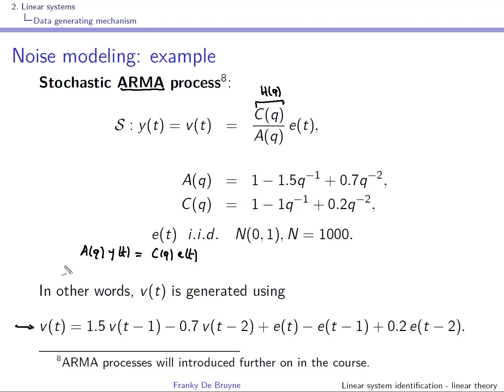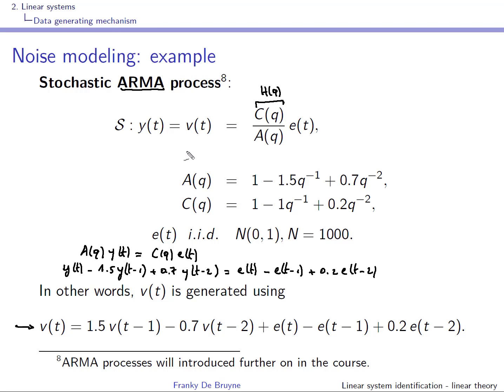So we have y(t) minus 1.5 y(t minus 1) plus 0.7 y(t minus 2) is equal to e(t) minus e(t minus 1) plus 0.2 e(t minus 2).